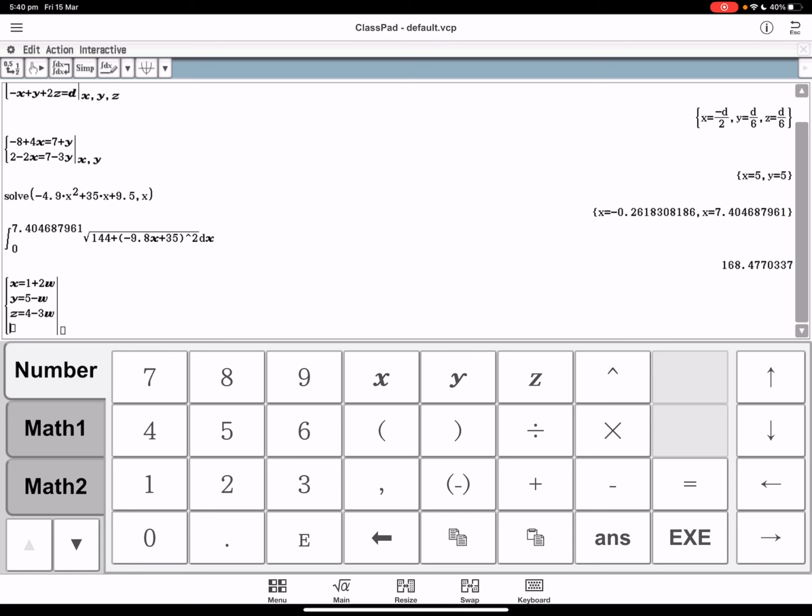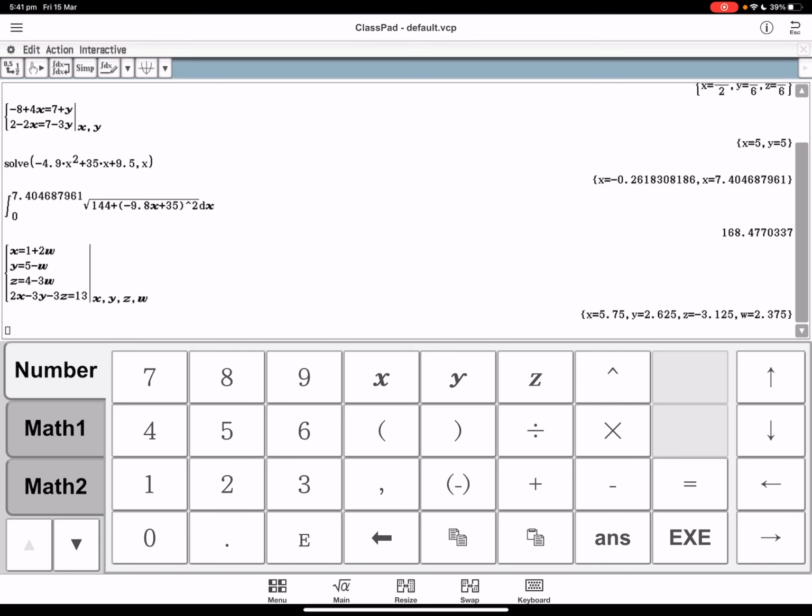And then we had the Cartesian equation of the plane. The Cartesian equation of the plane was 2x take y take 3z equals 13. And we can write x, comma y, comma z, comma w.